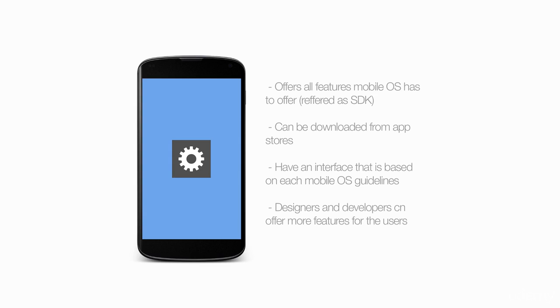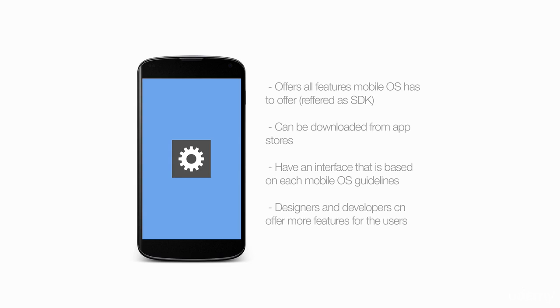And because native applications don't require an internet connection to work, they offer a more fluid user experience and true integration into the mobile device itself. Native apps use all of the device's hardware, including cameras and sensors, accelerometers, GPS, gyroscope, geomagnetic field sensors, and all this awesome stuff.